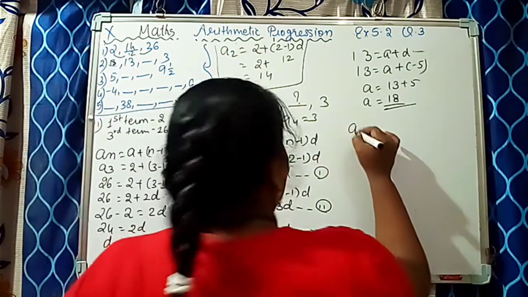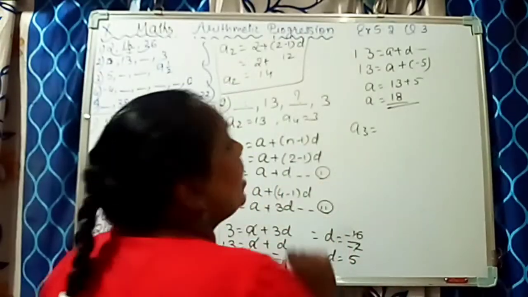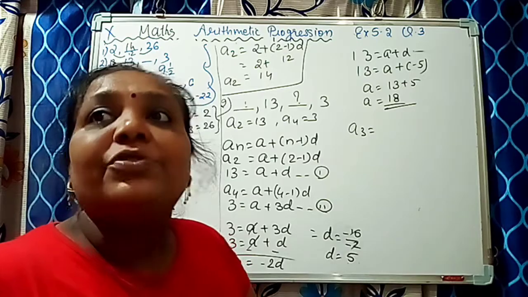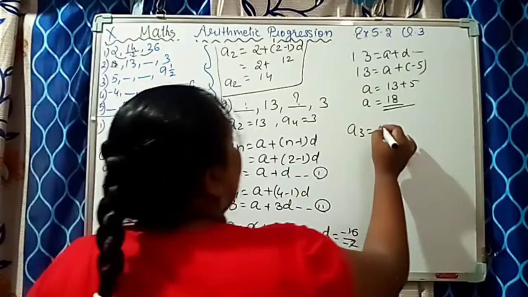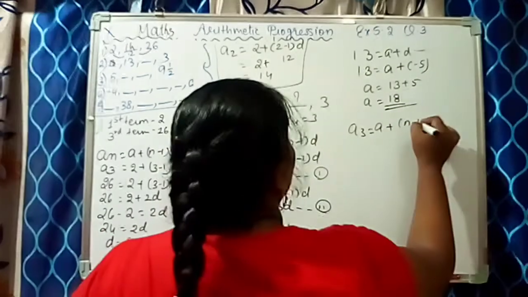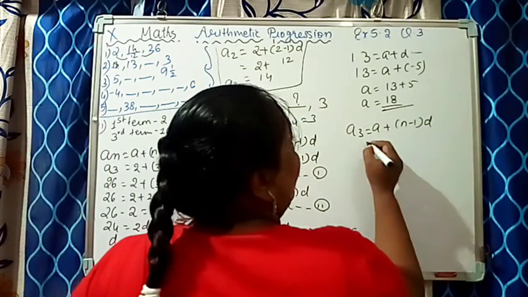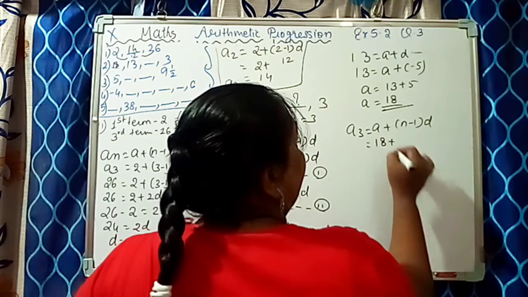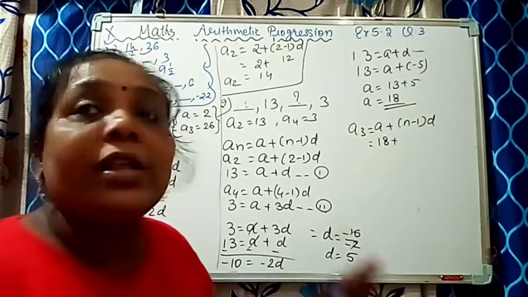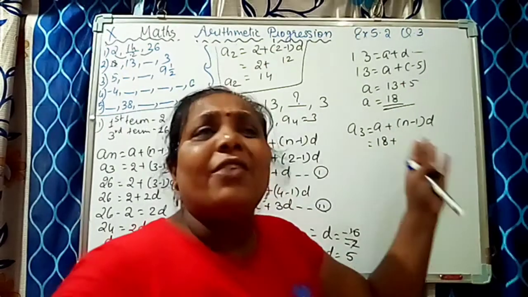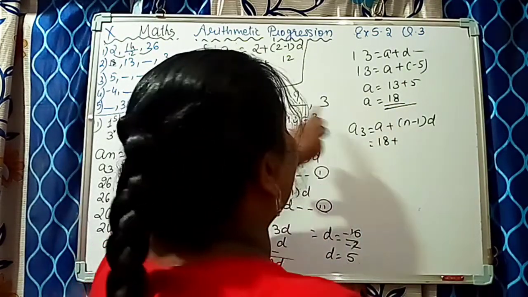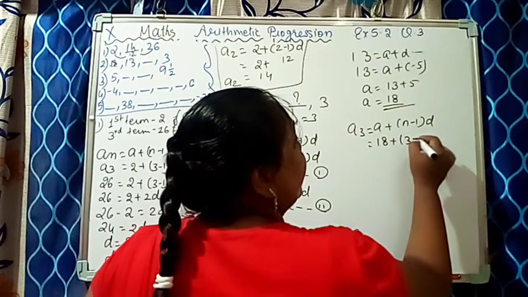So A3 is equal to what we will write. हम वही वापस, the same position we will write. The formula is A plus n minus 1 D. So what is our A? 18 plus, what is our n? 3 minus 1, because we have to find the 3rd term. Okay. 1, 2, 3. So 3 minus 1.